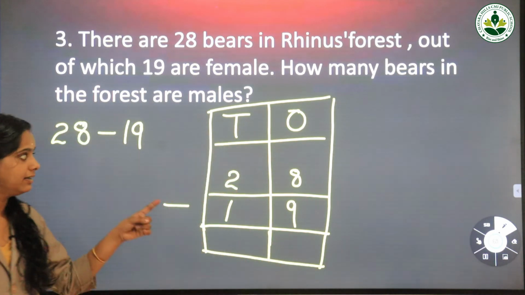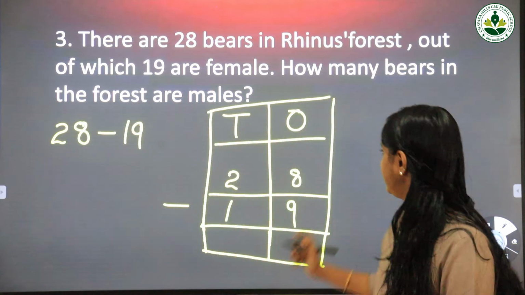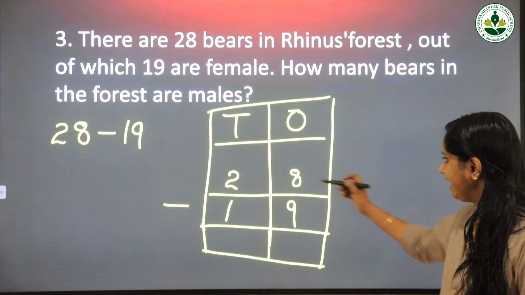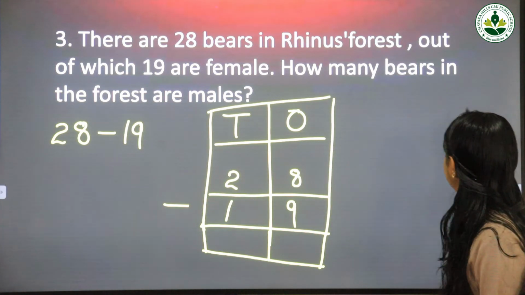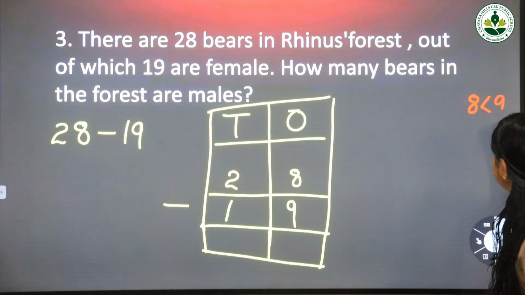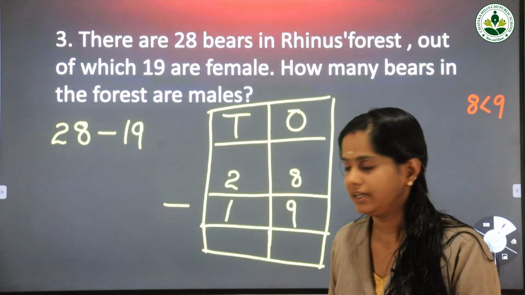First we subtract the digits in the ones column. Look here, we can see that 8 is less than 9. So we cannot take 9 ones from 8 ones.